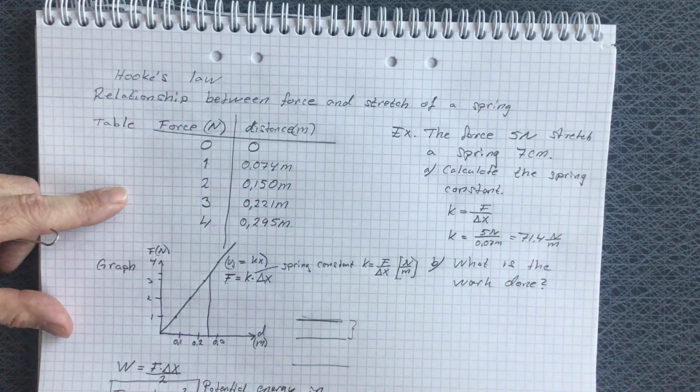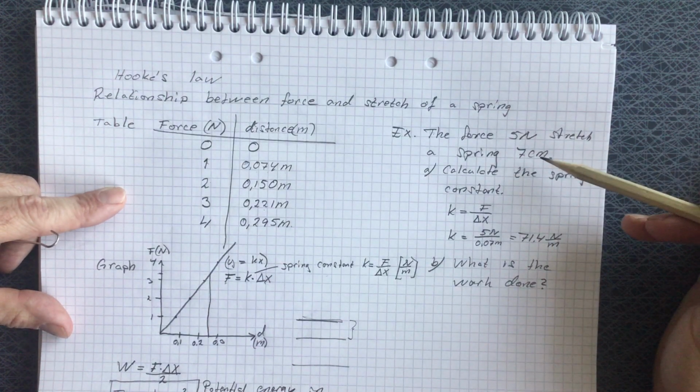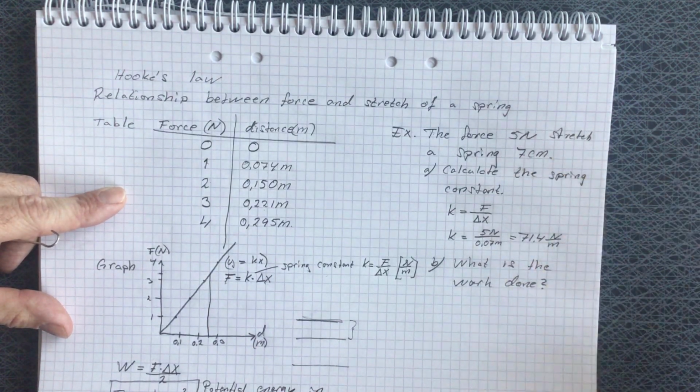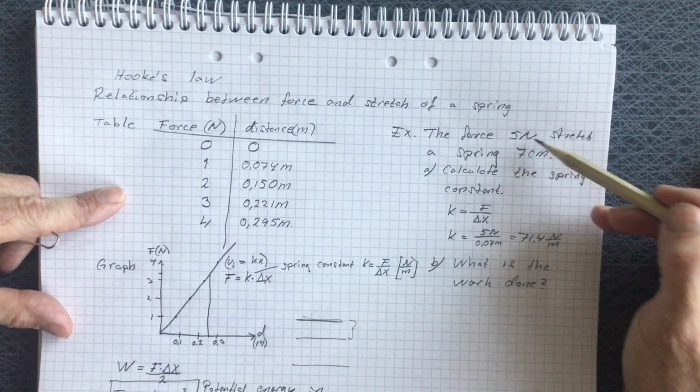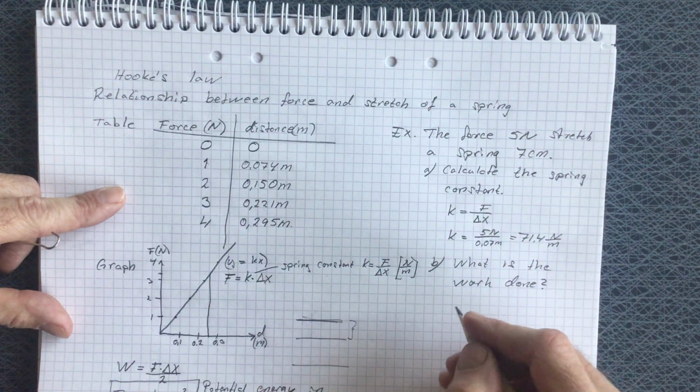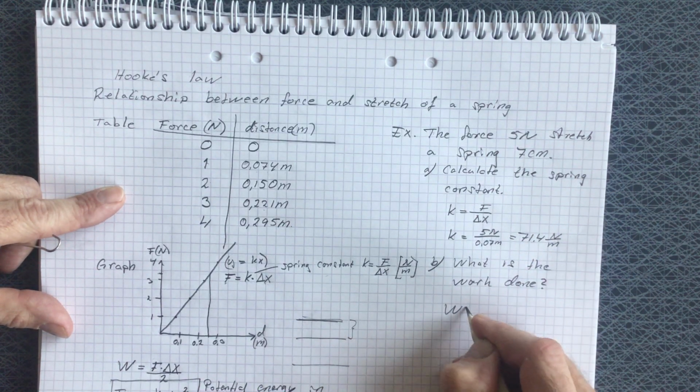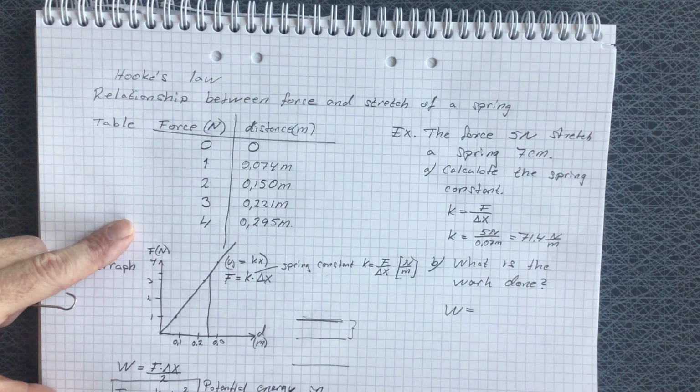How many joules do you need to stretch this spring 7 centimeters with a force 5 Newton? Well, the work done. You can use this formula, or you can use this formula. It will give you the same answer. The work is the change in potential energy. I will use this formula.